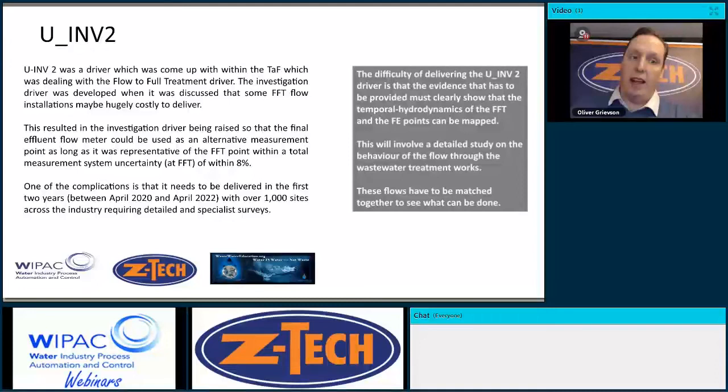The challenges, again, as you can see in the photo, are the lack of space. The top photo there is of a flow control device on a very, very small works. What you can't see in that photo is the storm weirs either side.